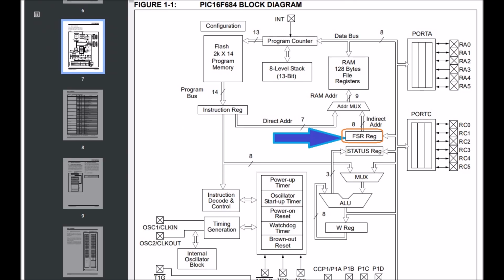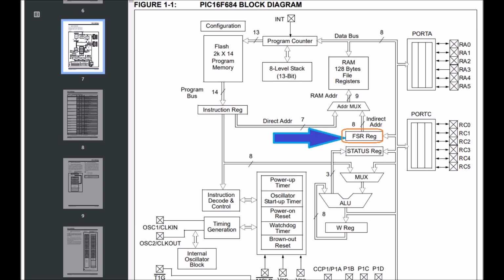Functionality. Pointer to data memory. The primary function of the FSR is to hold the address of the data memory location that you want to access. This address can range from 0x00 to the maximum address of the data memory.